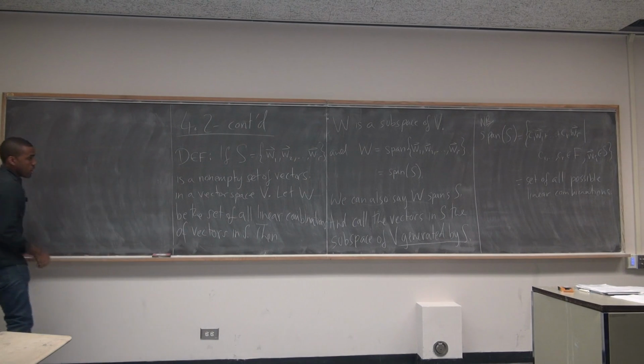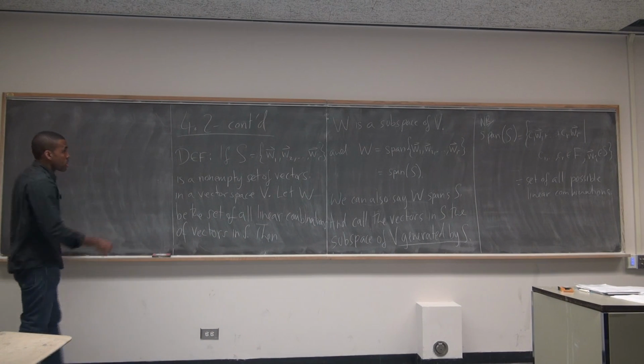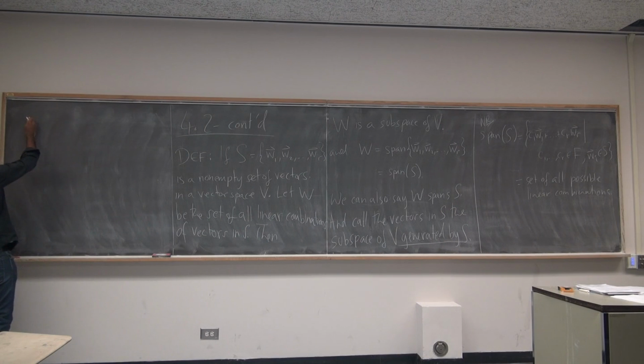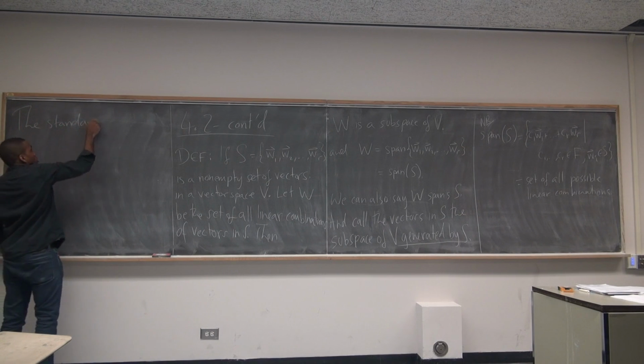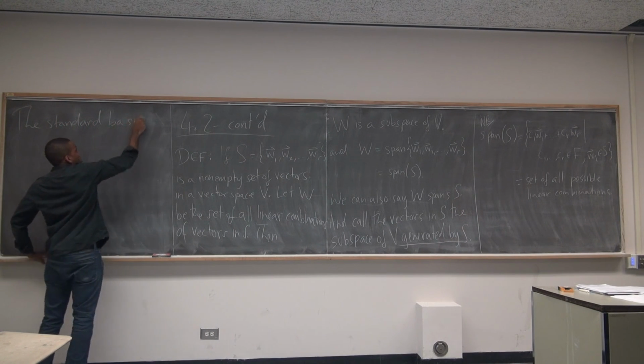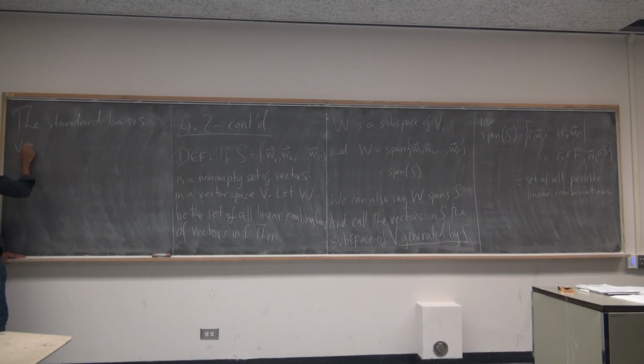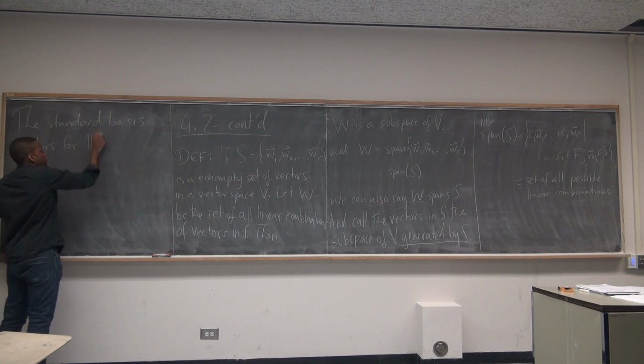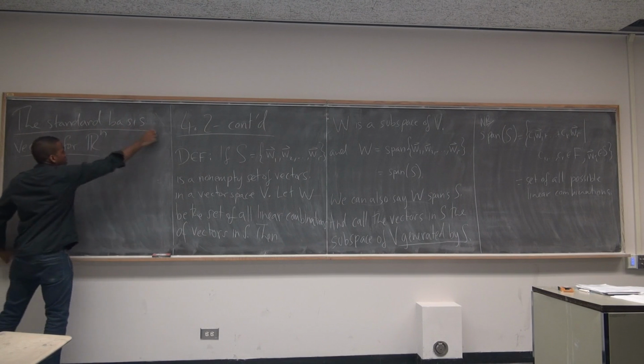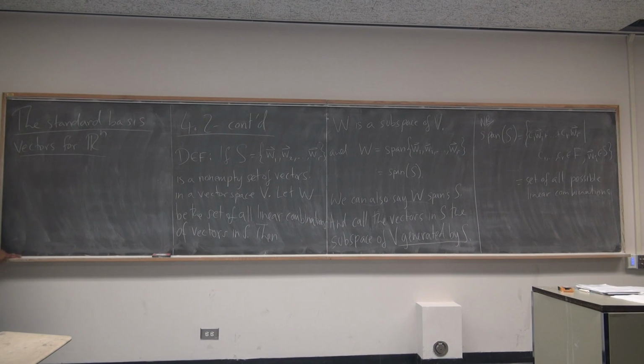We don't only talk about Rn, but a lot of times we will be talking about Rn, so there's some terminology we need for Rn. These are called the standard basis vectors.